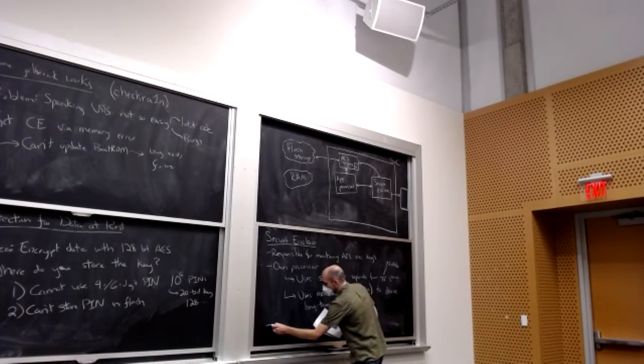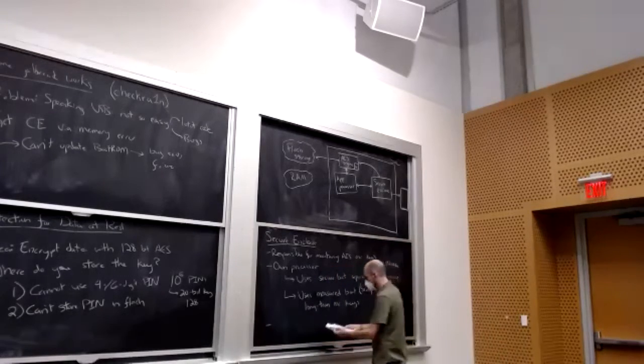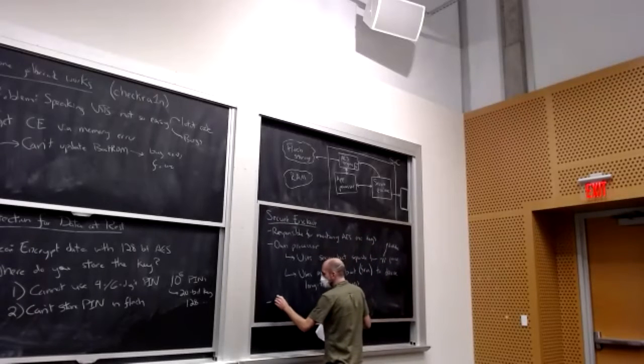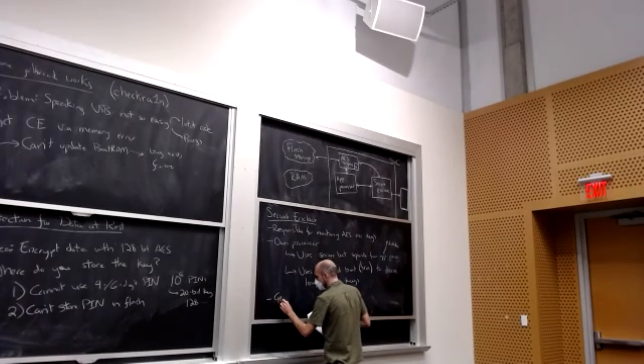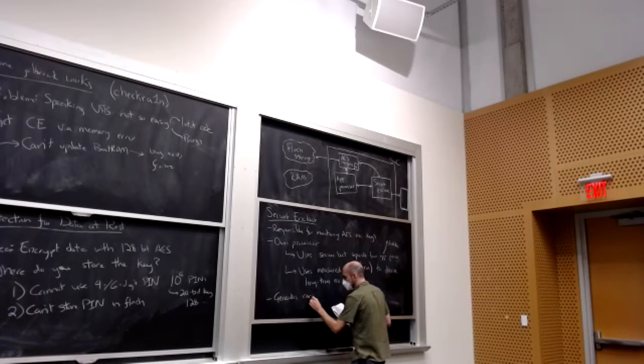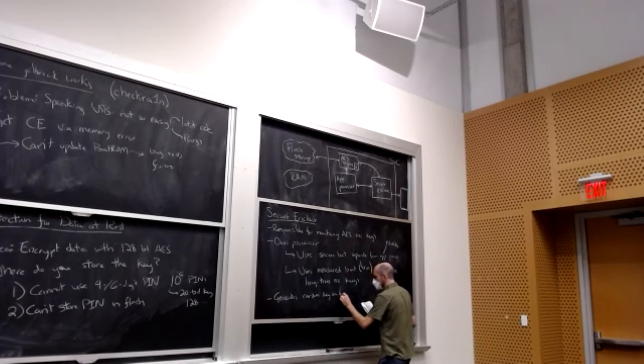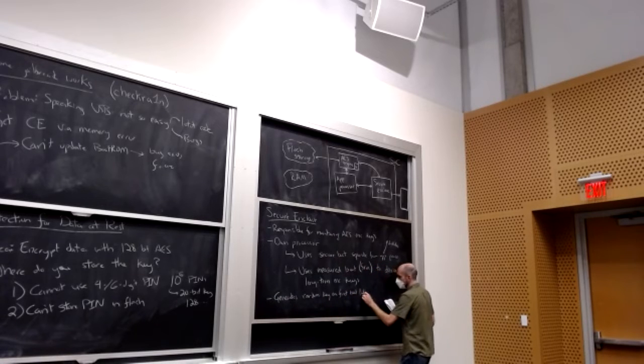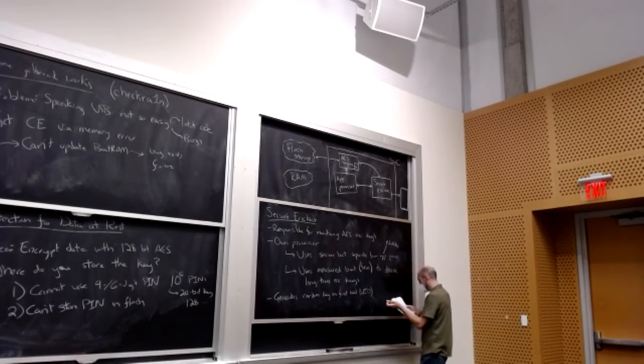And in addition, this enclave generates a random key on first boot, which is called the UID, the unique identifier, and uses this in addition to encrypt the stuff.